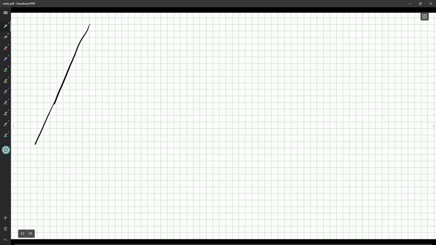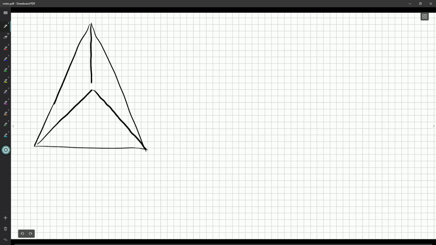Now, we just want that little sliver of an area, the little triangle area. And the first thing that I notice with the equilateral triangle and the isosceles triangle is there's a fair bit of symmetry. So if I were to extend this down here, we get an altitude, and it splits both triangles in half.